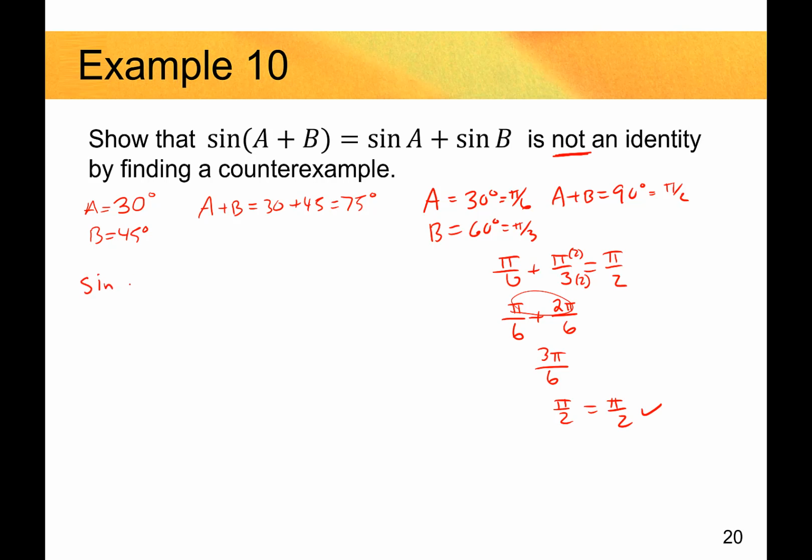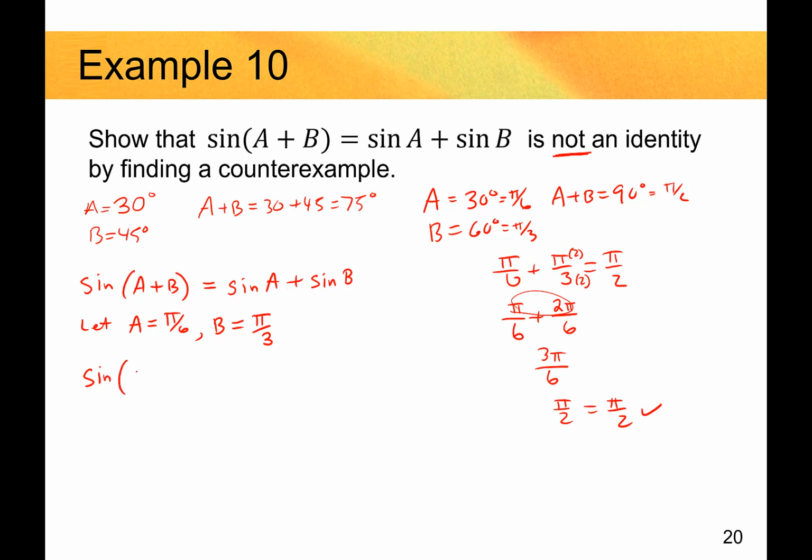So sine of A plus B, we're trying to disprove this, and we're going to use a counter example by letting A equal pi over 6 and B equal pi over 3. Let's do it.